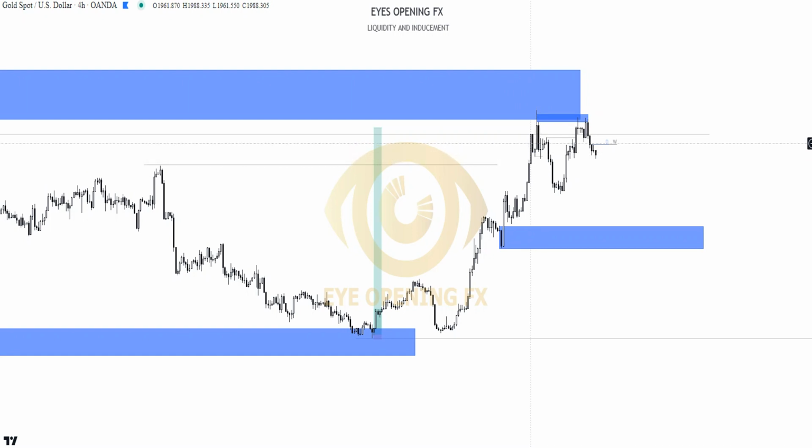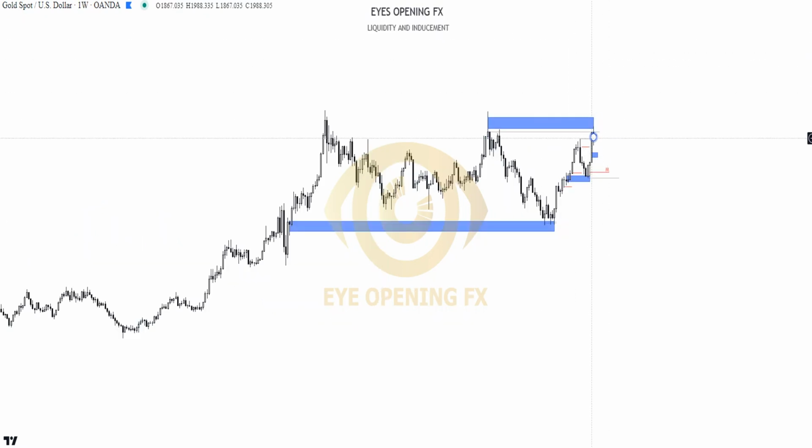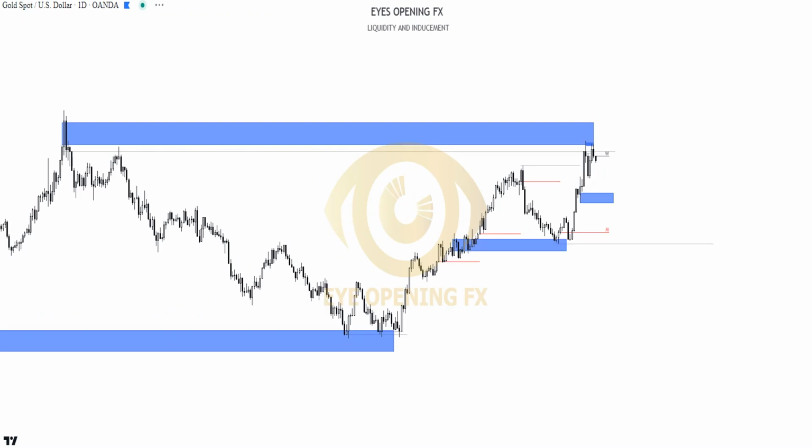So this was last week open price right here, and market opened around this area. Market closed around this area. So that means we closed below last week open price. Though you can see it right here, it was just a tiny body with bigger or longer wick.